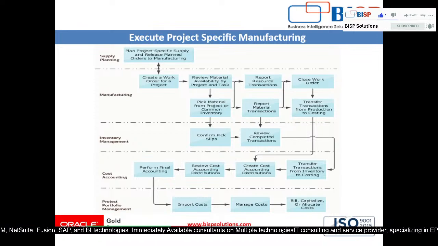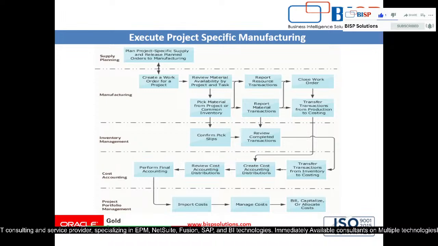So this is a high level process flow to execute the project specific manufacturing, right? Start from the supply planning, right? Under the supply planning, they plan project specific supply chain and release the planned order to the manufacturing. First, we plan our order. We release our planned order to our manufacturing plant, right?